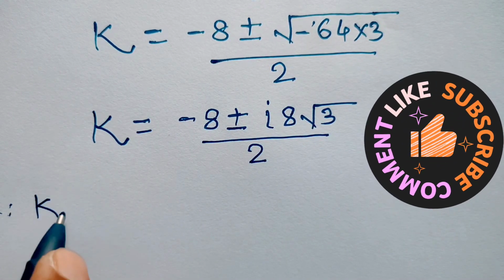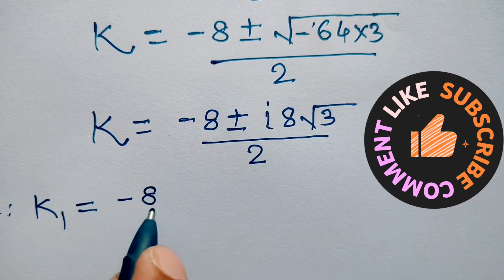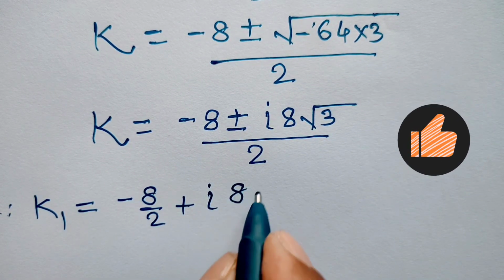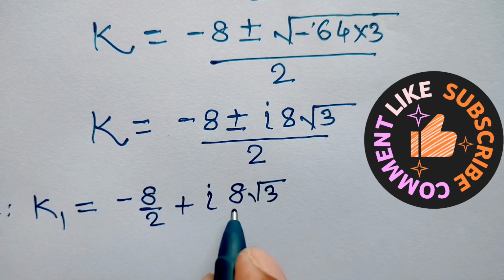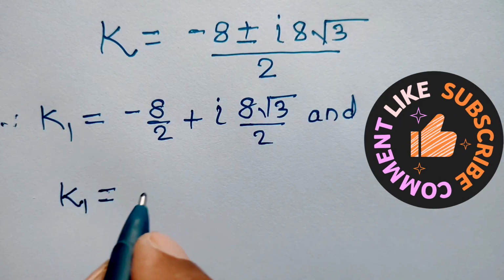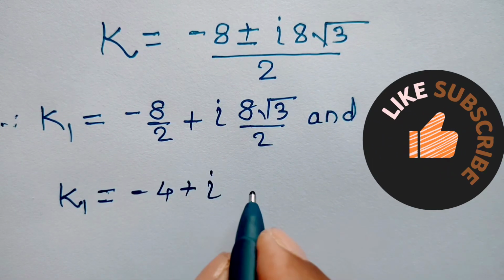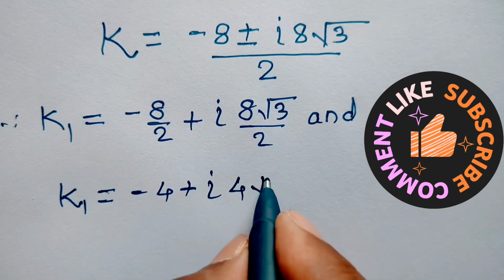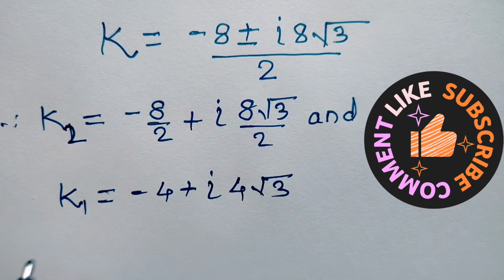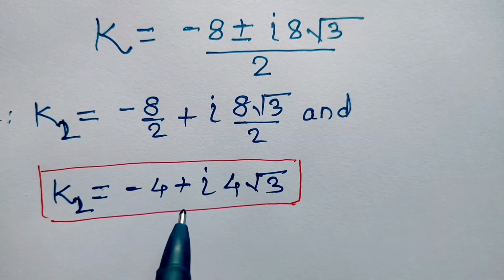First value is suppose k1, which is equal to minus 8 divided by 2 plus i into 8 root 3 divided by 2. k1 is equal to minus 4 plus i into 4 root 3. Sorry, this is k2. k1 we have already obtained. This is the second root of the given equation.